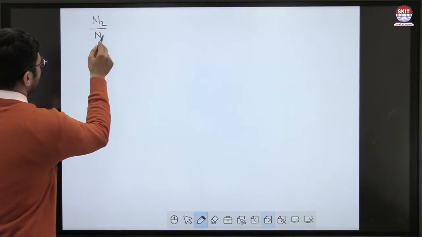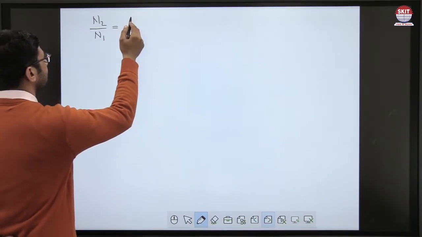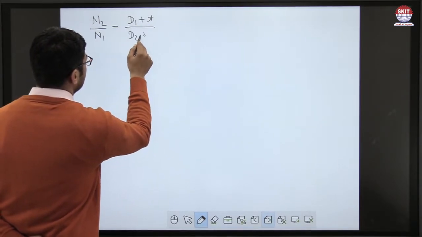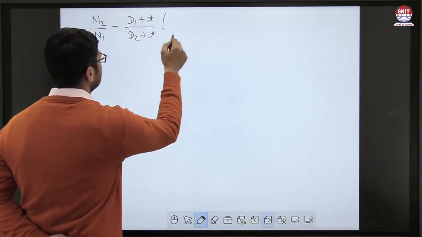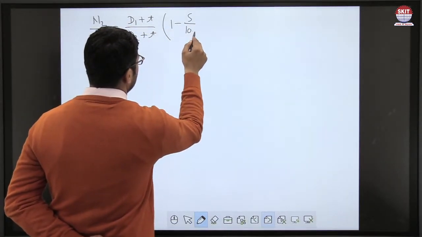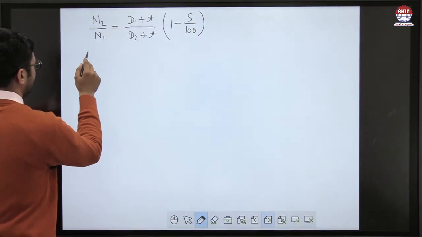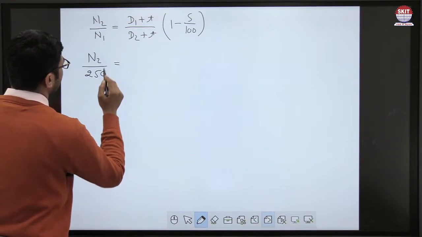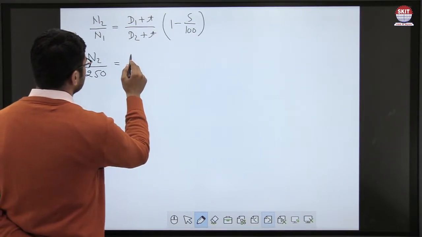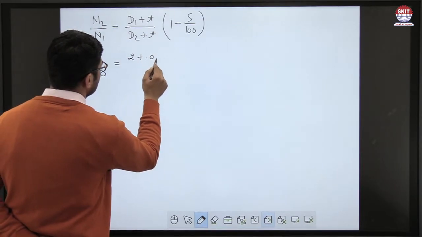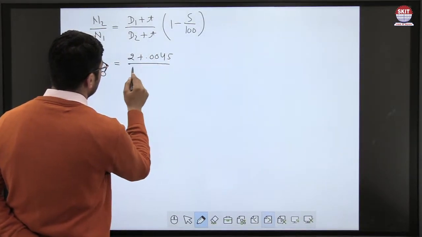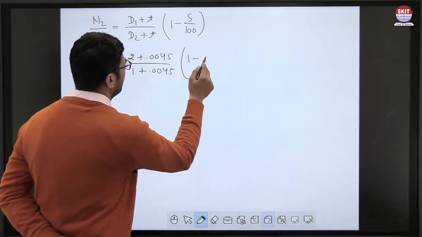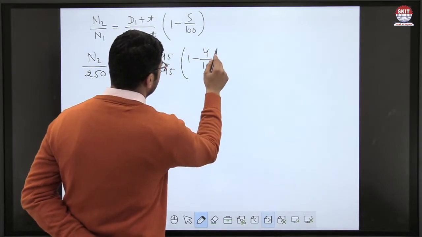N2 upon N1 equal to D1 plus t upon D2 plus t, times 1 minus S upon 100. N2 value to find out. N1 is given as 250, and D1 is 2 meter plus 0.0045, D2 is 1 plus 0.0045, times 1 minus 4 upon 100.